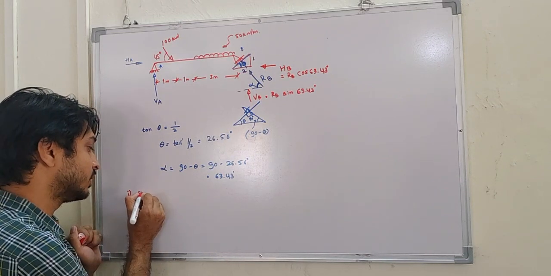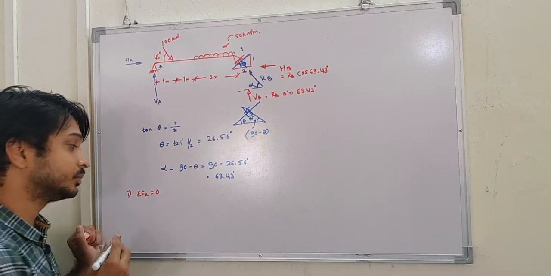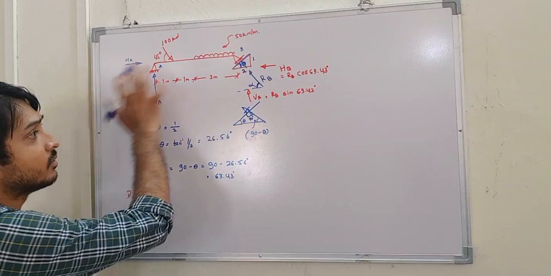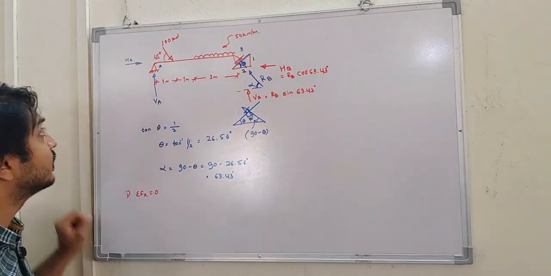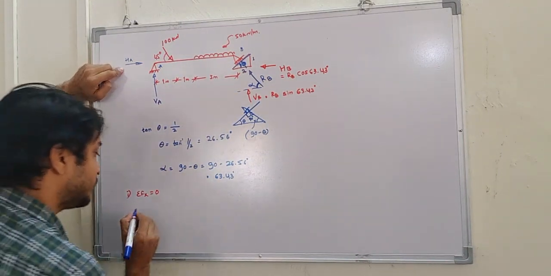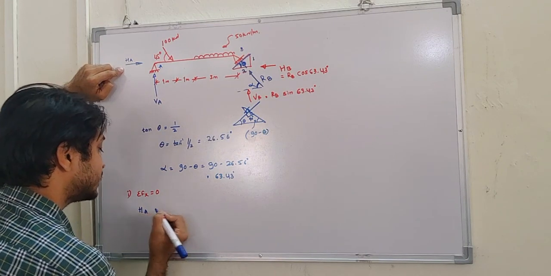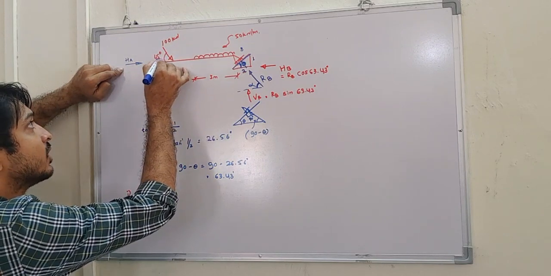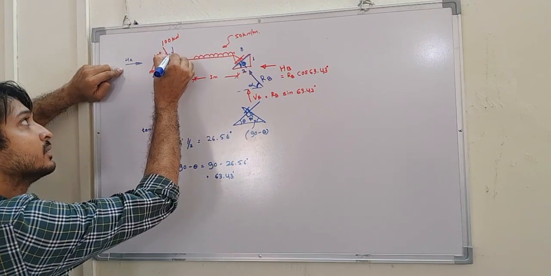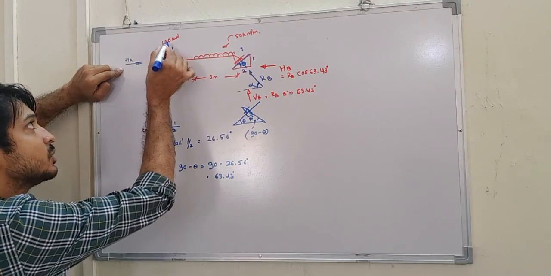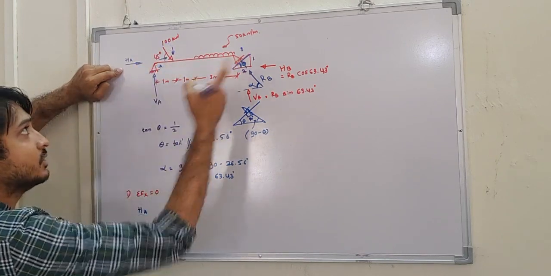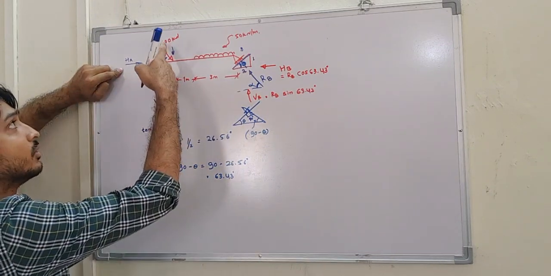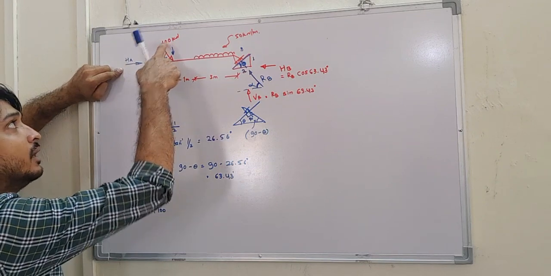Now we have the equilibrium equations. First we'll take summation of Fx equals 0. Now see what horizontal reactions are there. One is HA, in the positive direction, so plus HA. Then the 100 load, if I resolve it, gives one horizontal and one vertical component. The horizontal is in the positive direction, so plus 100 cos 45.